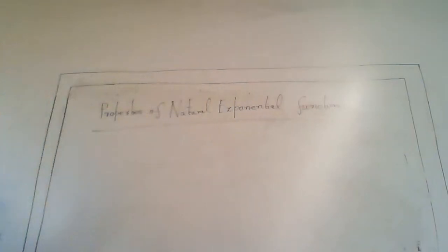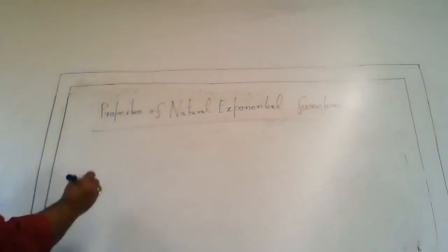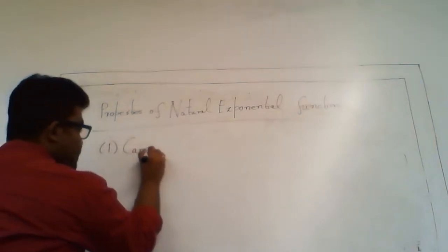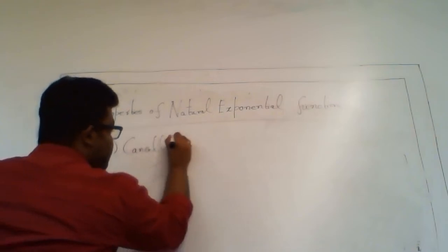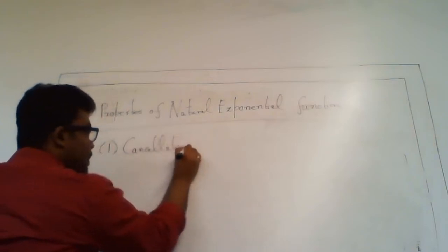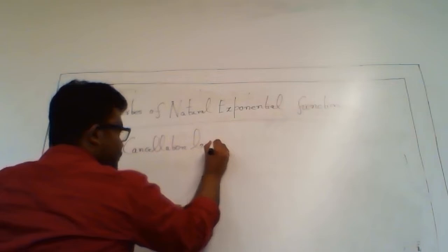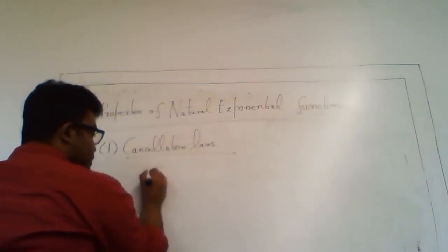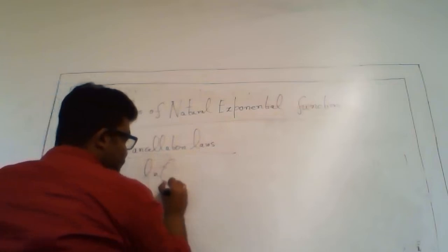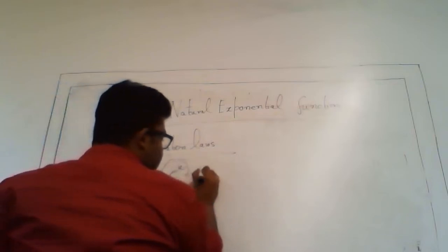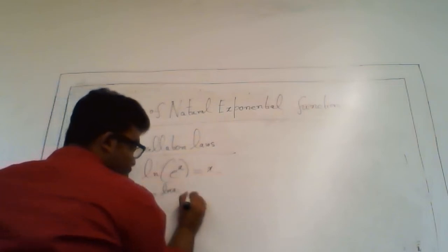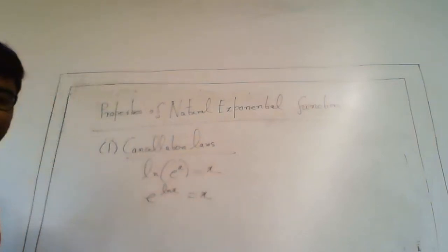Okay, so the first property is the cancellation laws that we have just studied. The cancellation laws are these two beautiful laws: ln e to the power x is just x, and also e to the power ln x is also x. These are the two cancellation laws.